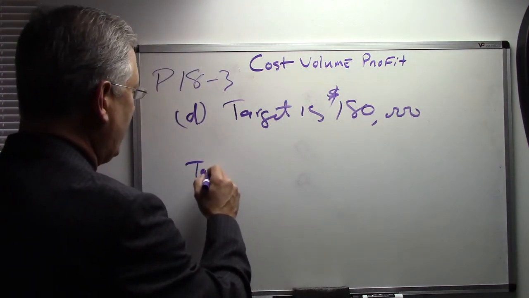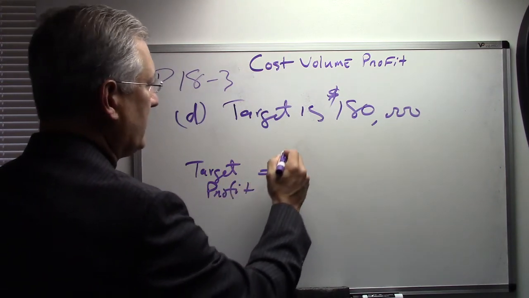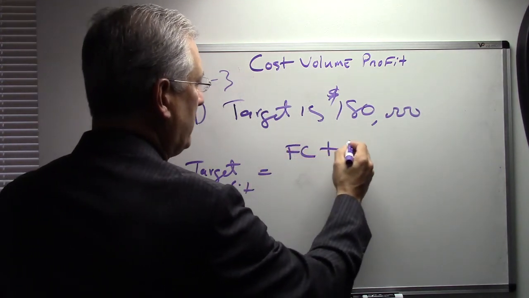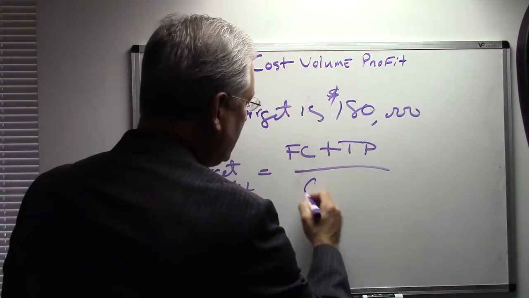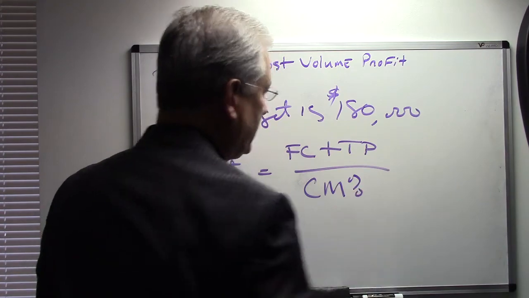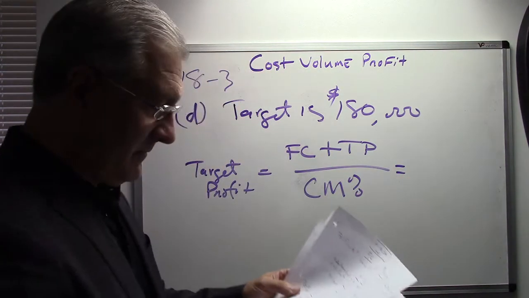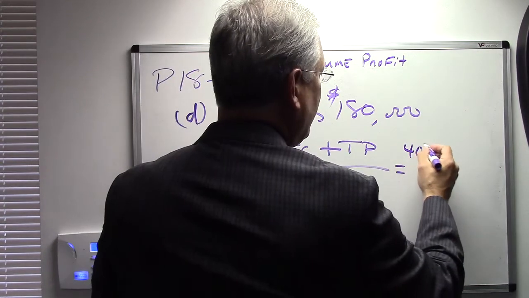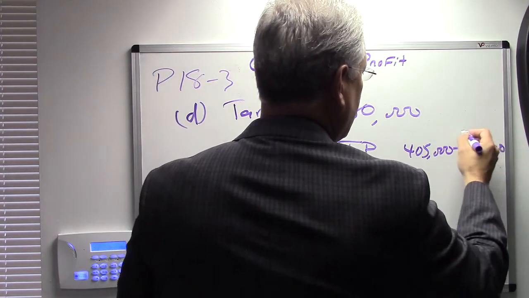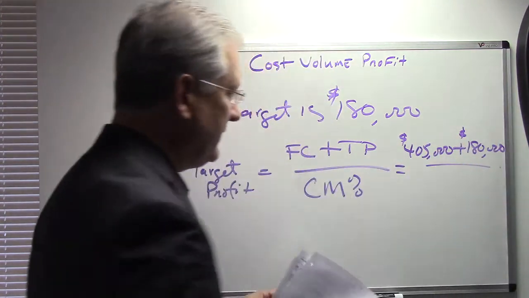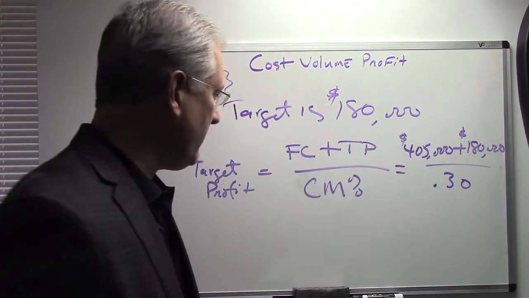So target profit sales dollars equals fixed cost plus target profit divided by the contribution margin percentage. Fixed costs, which we already calculated, $405,000 plus the $180,000 of target profit, divided by the contribution margin ratio, which was 0.30.